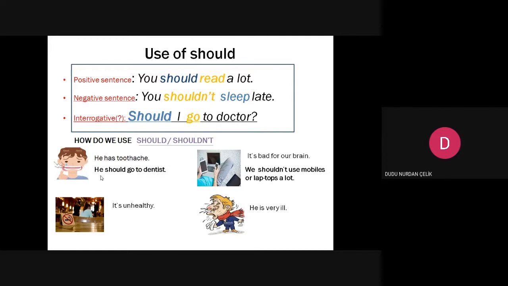The dentist will help him. So if he has a toothache, he should go to the dentist. In the second picture, they are in a closed area, and there is a no smoking sign. It's unhealthy. So the advice can be, you shouldn't smoke.